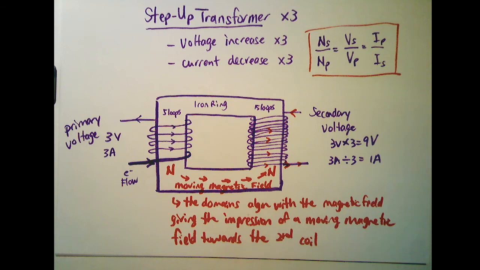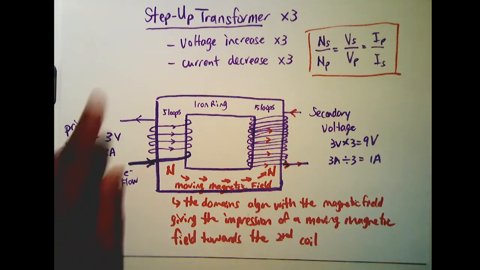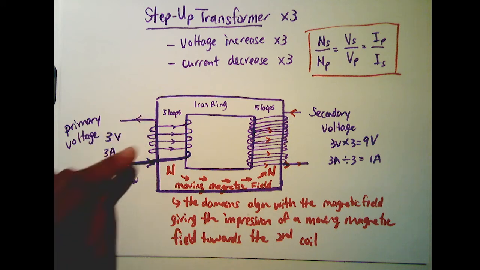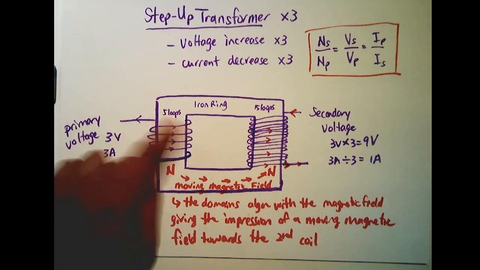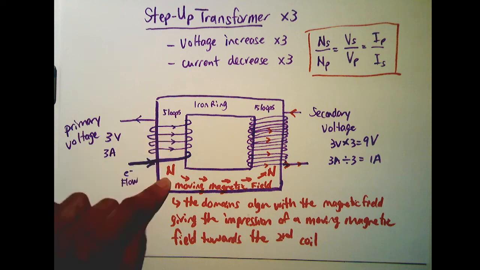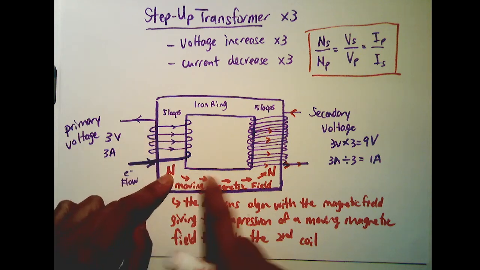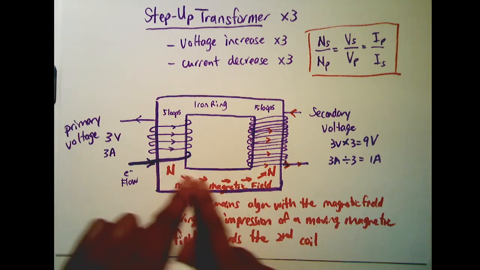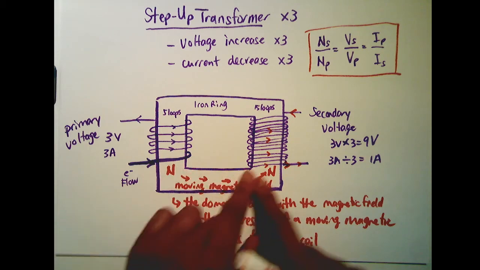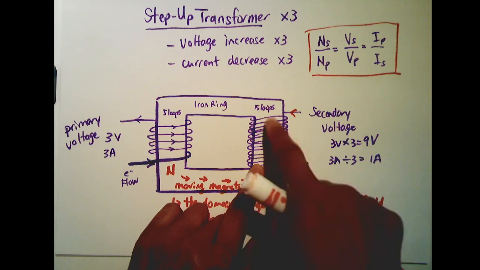Perfect. So just a brief summary on the step-up transformer. Essentially, when a current is produced, let's say it produces in this direction a north pole. The domains line up and influence these coils.